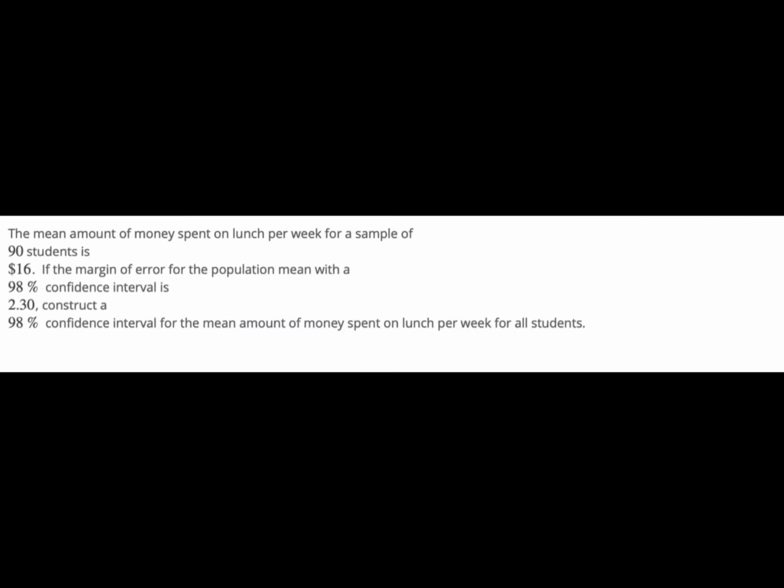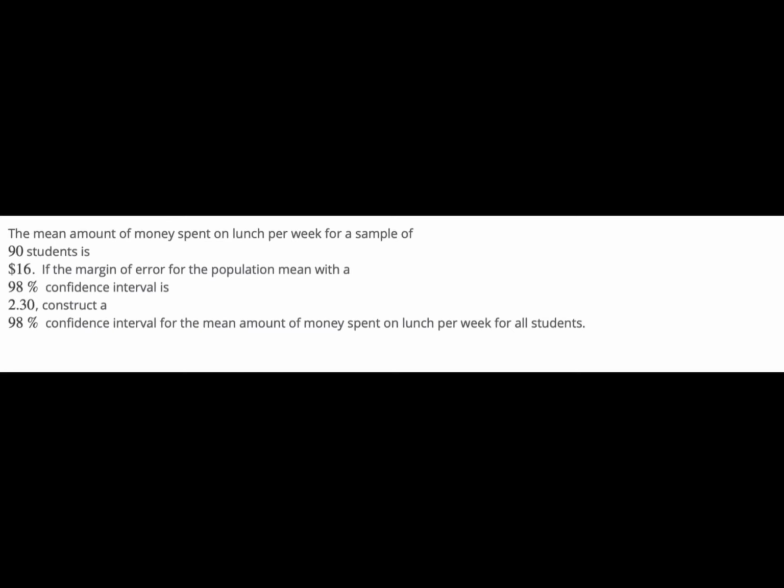So this says the mean amount of money spent on lunch per week for a sample of 90 students is $16. If the margin of error for the population mean with a 98% confidence interval is 2.3, construct a 98% confidence interval. So when we do this, you have been given that margin of error, and you have been given the mean for the sample.